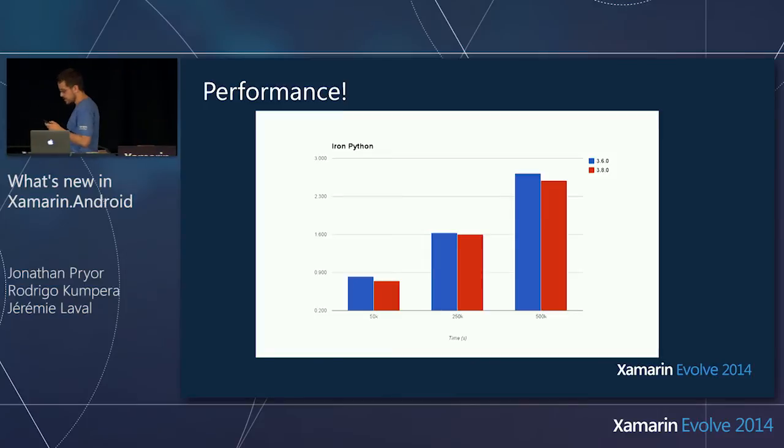The other thing we did is we started to look at what all the applications are doing now. And something that's becoming very common is async. We found out that async is not getting all the performance, all the love that we could give.